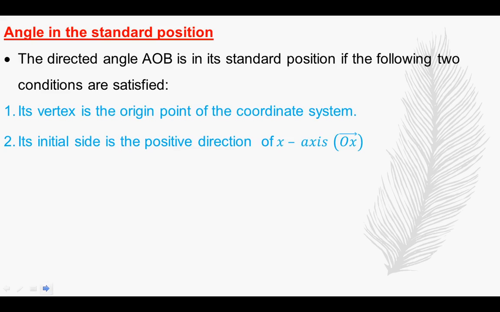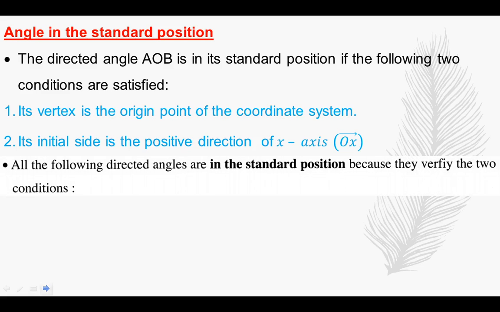And the second condition, its initial side is the positive direction of the x-axis, which means the OX ray. So the angle in the standard position must satisfy two conditions. The first one, its vertex is the origin. The second one, its initial side is the positive direction of the x-axis.